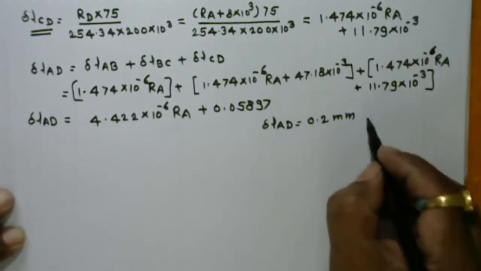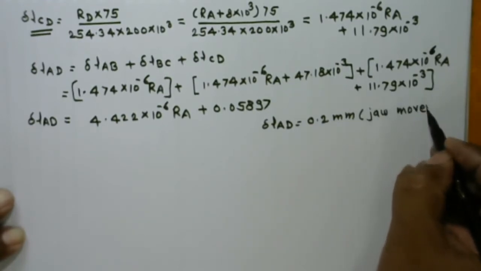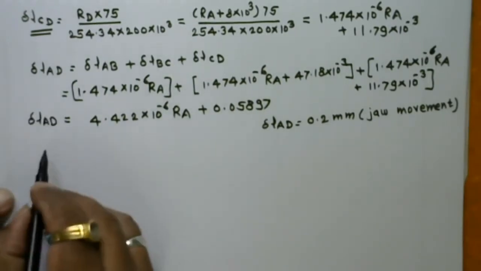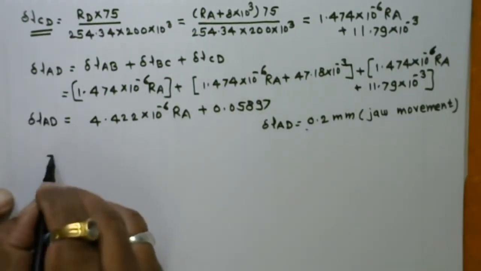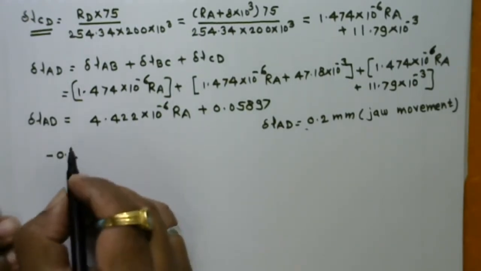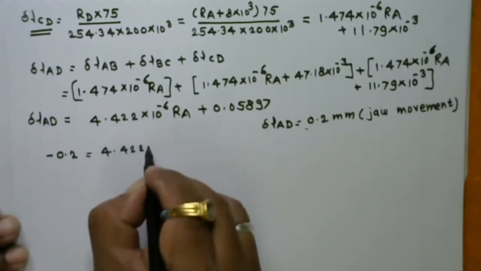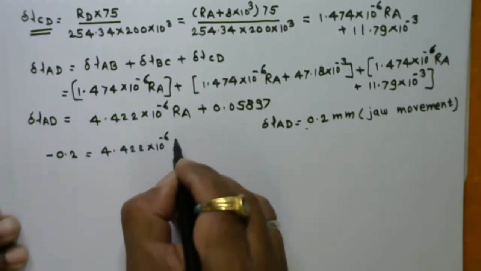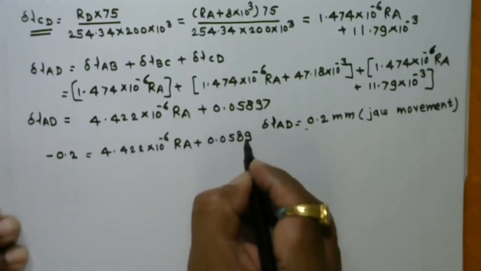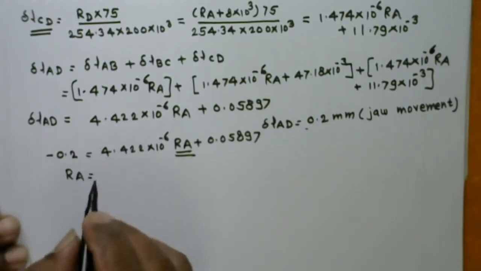It's a jaw movement, so it is in a compressive manner, so we have to take that value as minus 0.2 because it is closing towards each other. 0.2 is equal to 4.422 into 10 raised to minus 6 RA plus 0.05897. The unknown value is only RA. You will get the value of RA here.